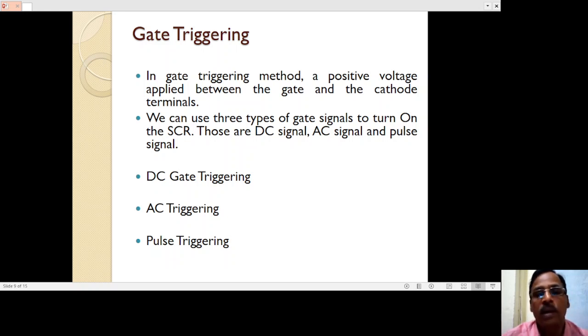If the gate current is more, the turn on voltage may be less. This is the most suitable method because this voltage is available in our laboratory, and only a small voltage is required between the gate and cathode terminals.